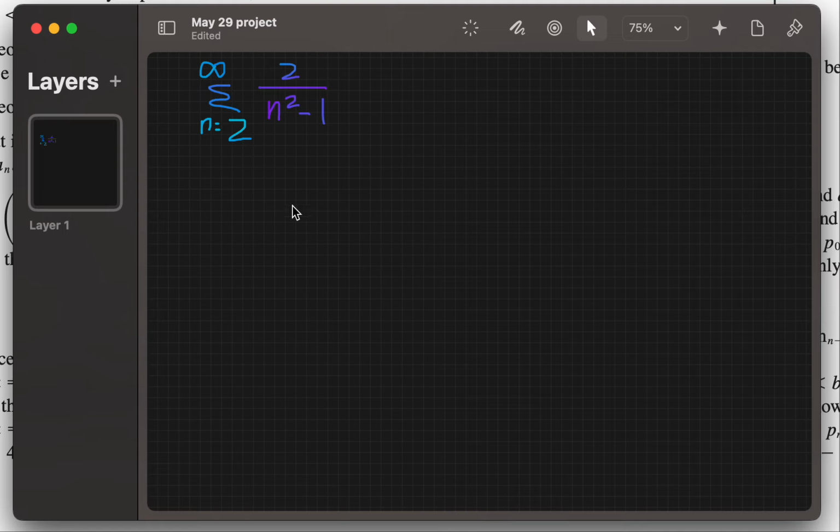And you'll see here that if you write this out, you will get 2 over n plus 1 times n minus 1. And so this is actually a partial fraction. You would use partial fraction decomposition here.